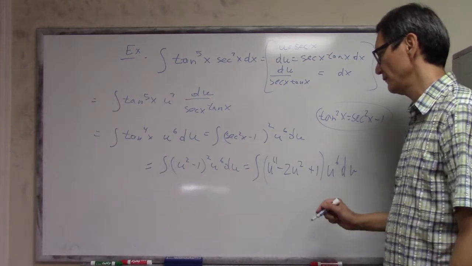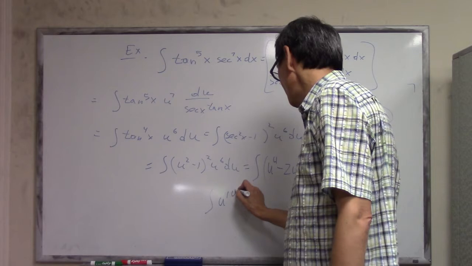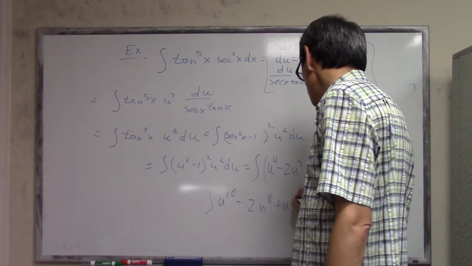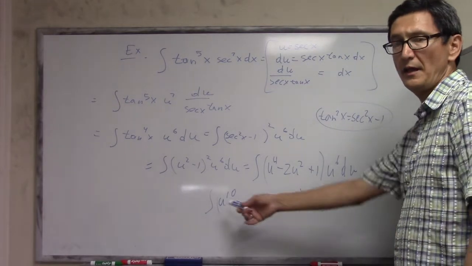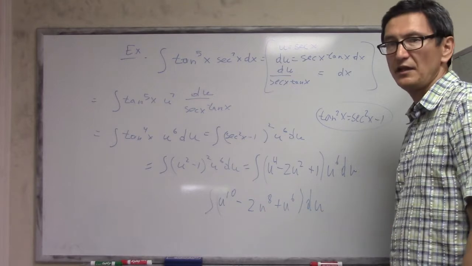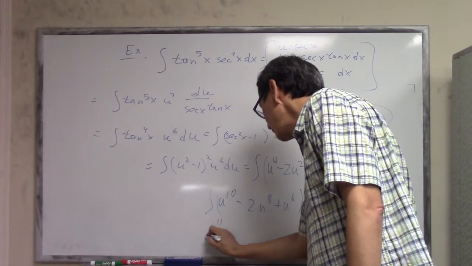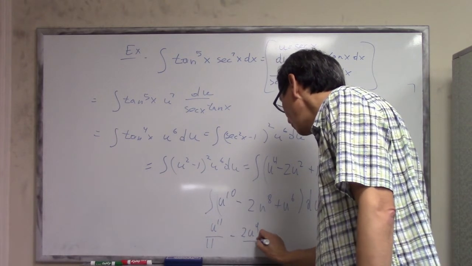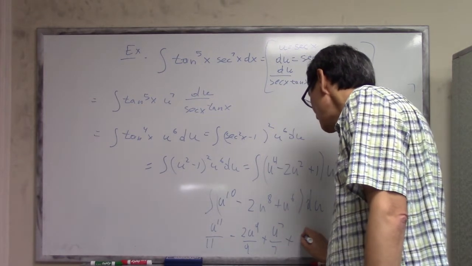Distribute u to the 6. So we get the integral of u to the 10 minus 2u to the 8 plus u to the 6 du. Take 3 simple antiderivatives. So you're going to get u to the 11 over 11 minus 2u to the 9 over 9 plus u to the 7 over 7 plus c.